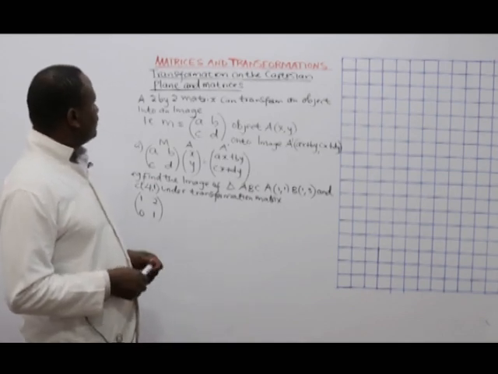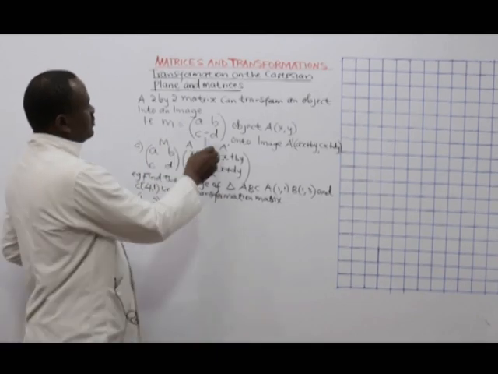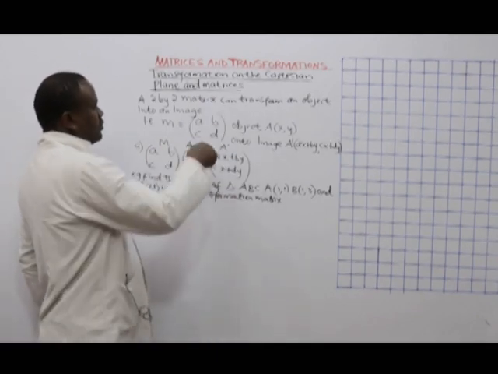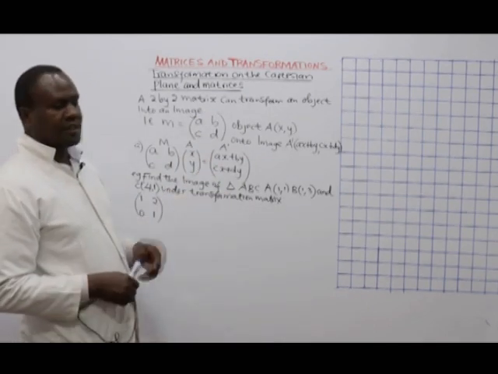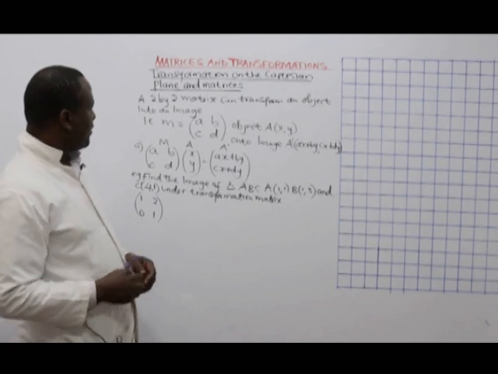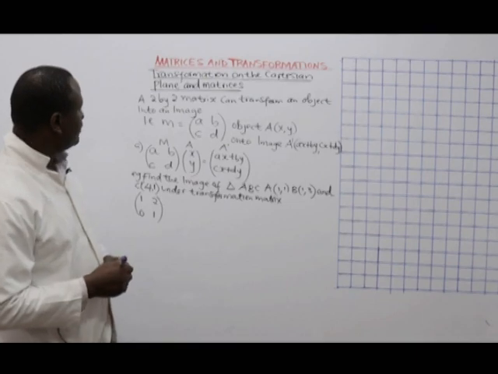Now, if you are given a 2 by 2 matrix, 2 rows and two columns, we can transform an object into an image by multiplying using the rules of matrices.